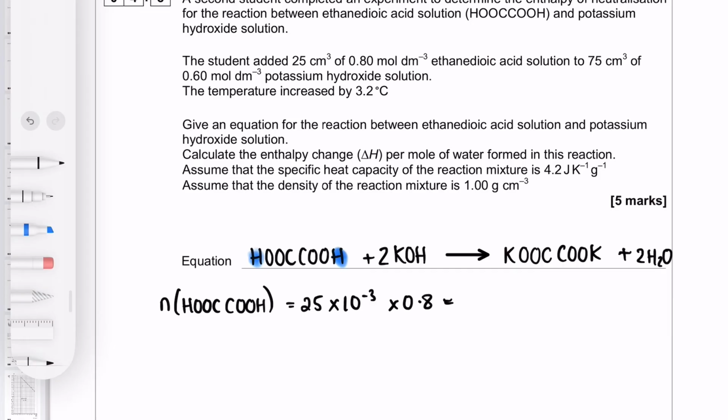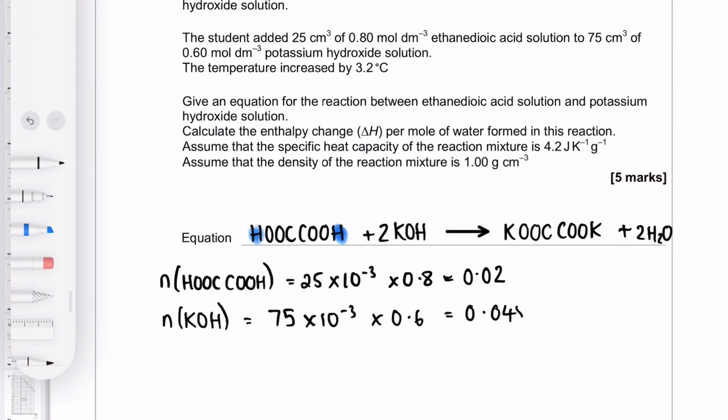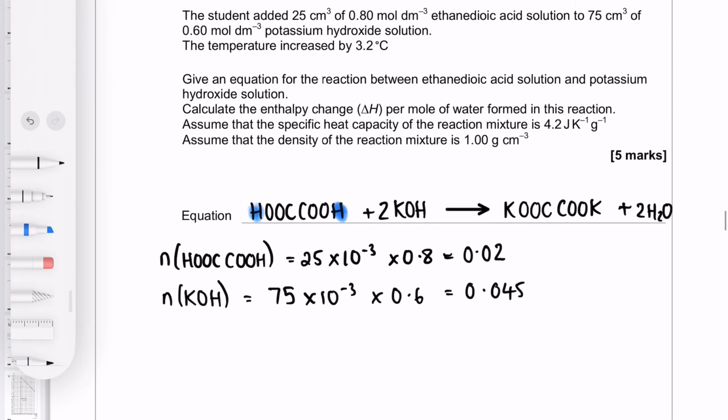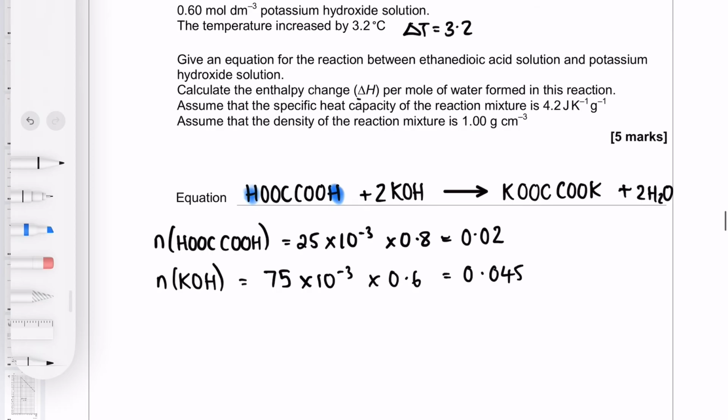So if we work that out, then we can see that that is 0.02 moles, and it was 75 centimetres cubed of 0.6, that'll be 0.045. Okay, but if we look at it said the temperature, so the delta T is 3.2. And it wants us to calculate the enthalpy change per mole of water.